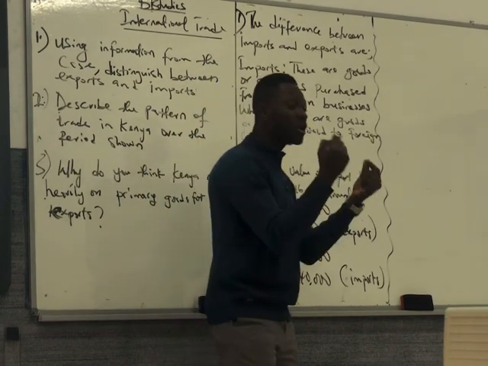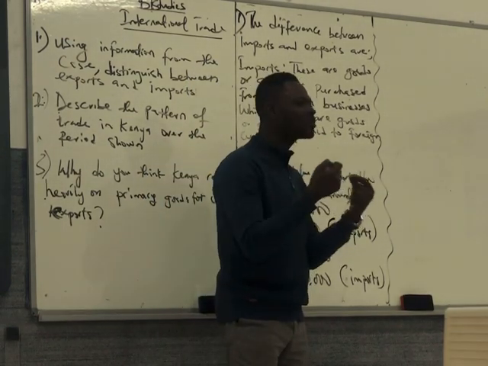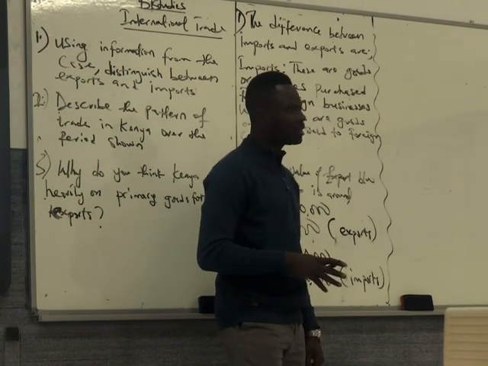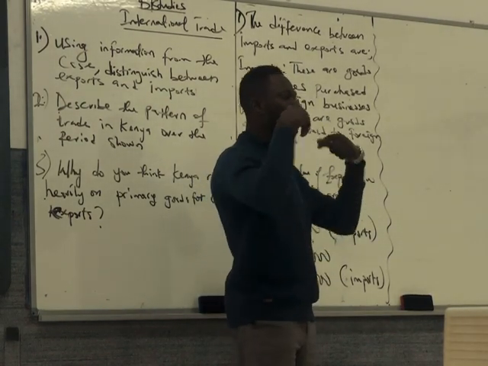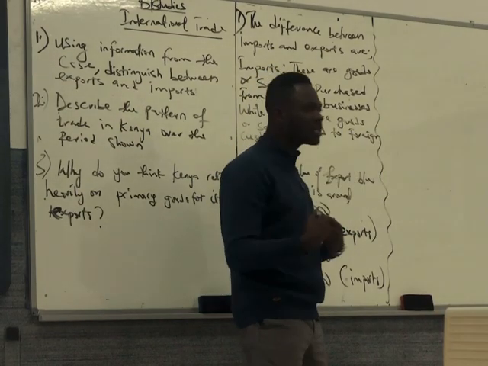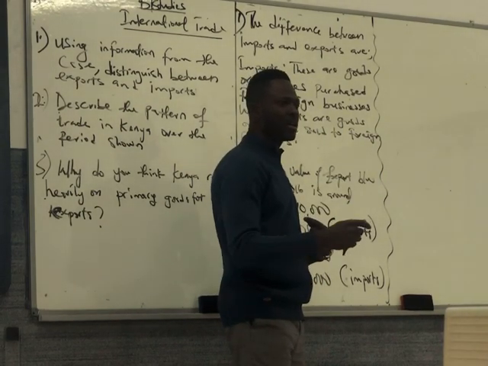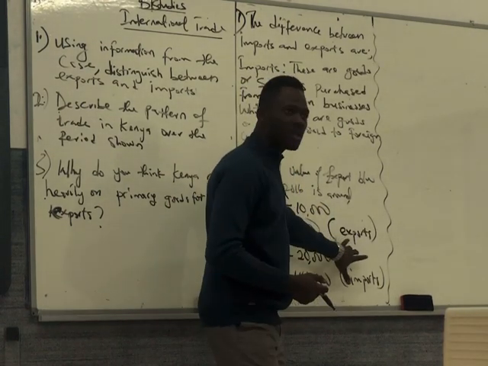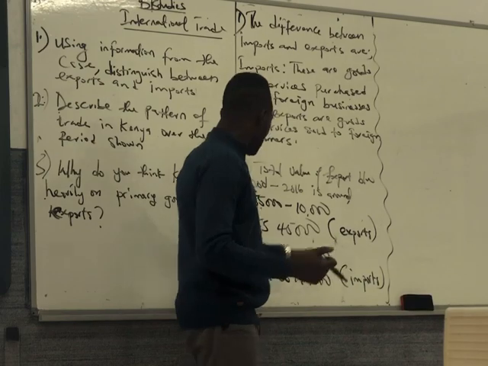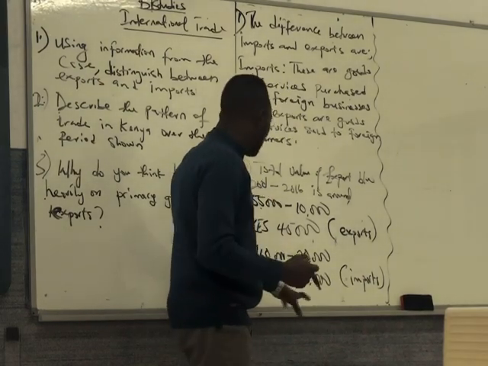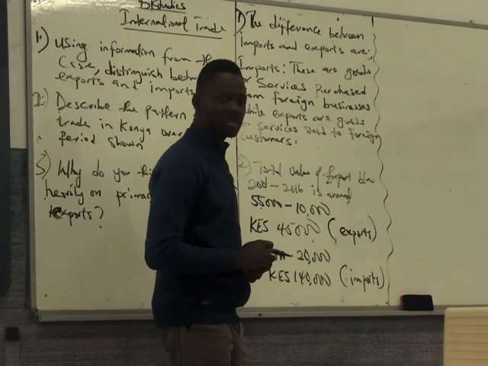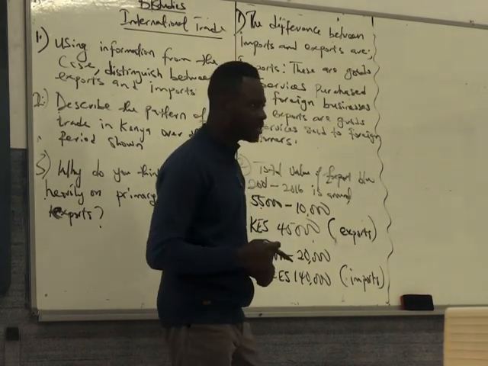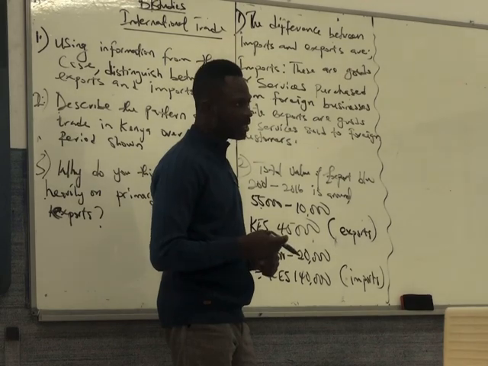When your import is more than your export, it is a balance of trade deficit. Deficit means you pay more than what you get. Are you guys with this? Yes. So if you are running more imports than exports, you are running on a deficit.